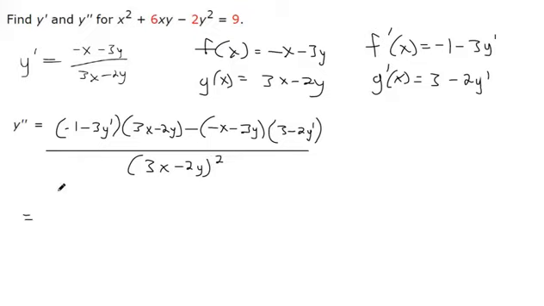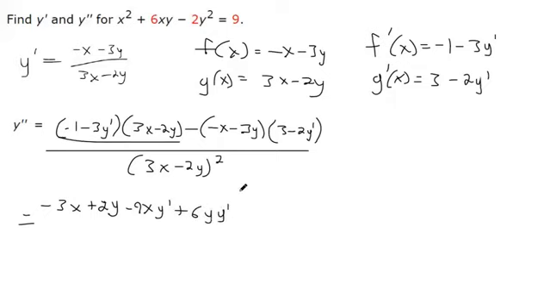So let's clean that up a little bit, because eventually what we're going to do is plug in this for y prime to further solve for the second derivative. If we distribute and multiply these, it's -3x plus 2y minus 9xy prime plus 6y prime.